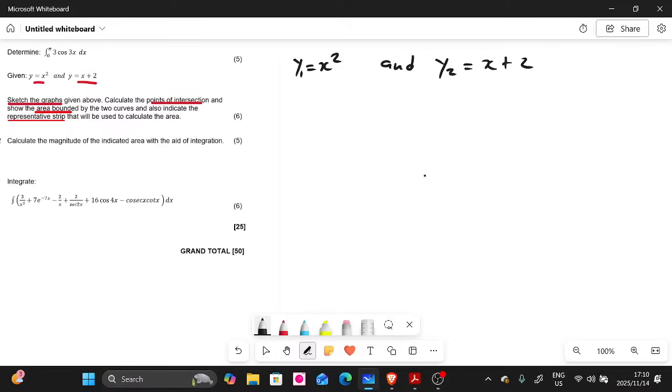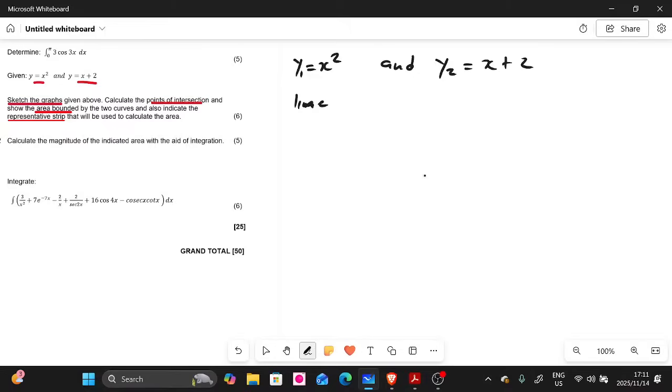It's very important. Now they want us to draw the graphs here. Let's start with y2. What type of graph is y2? Just in case you didn't know, guys, y2 is actually a straight line graph. So we need to find the coordinates. So it's very simple. Let me just write line there, right? Line. This is the calculation of a straight line graph.